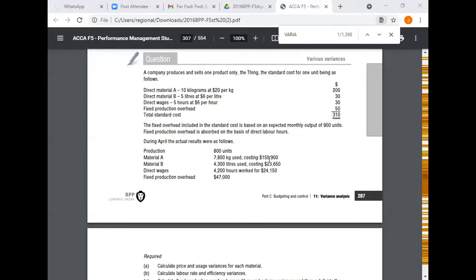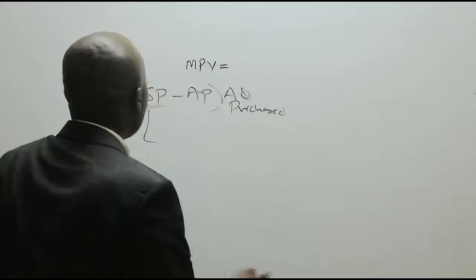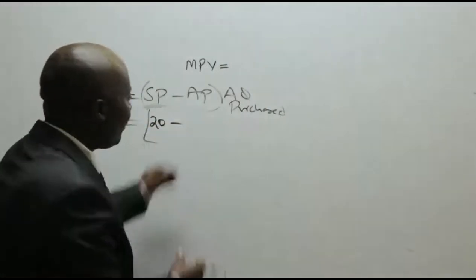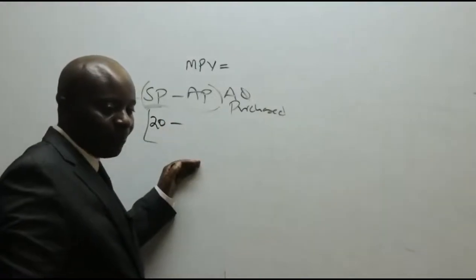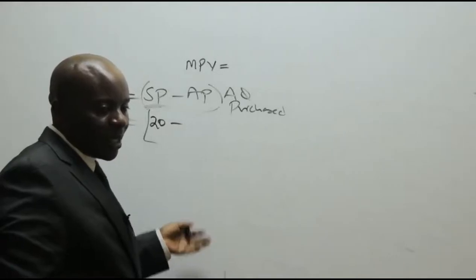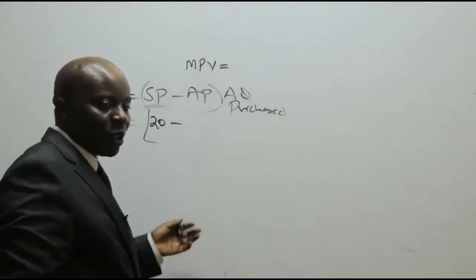So each kilogram cost them 159,900 divided by 7,800, because I want the cost per kilogram, the actual price per kilogram. So what I'll need to do here is take the standard price of 20 minus the actual price, which is something divided by something. Mary has already given me the answer: the actual price, according to Mary, is 20.5.